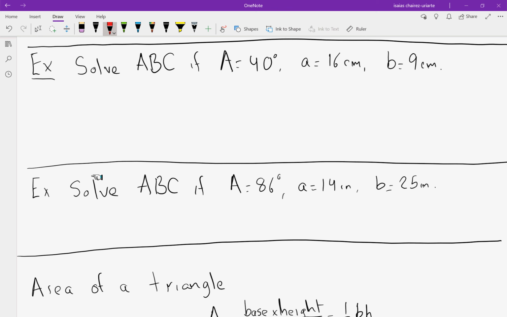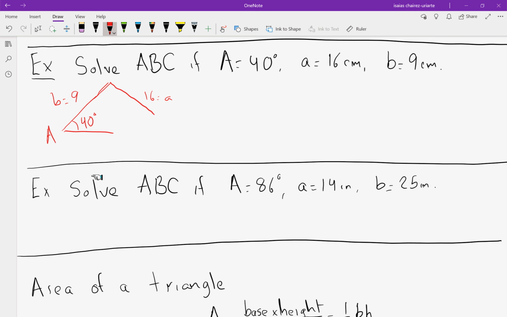All right, so let's see. Right now, what I know is, well, the picture sort of looks like this. So I was given this angle A, which is supposed to be 40 degrees. I was given the side opposite, which is 16, and then I was given that B is 9.